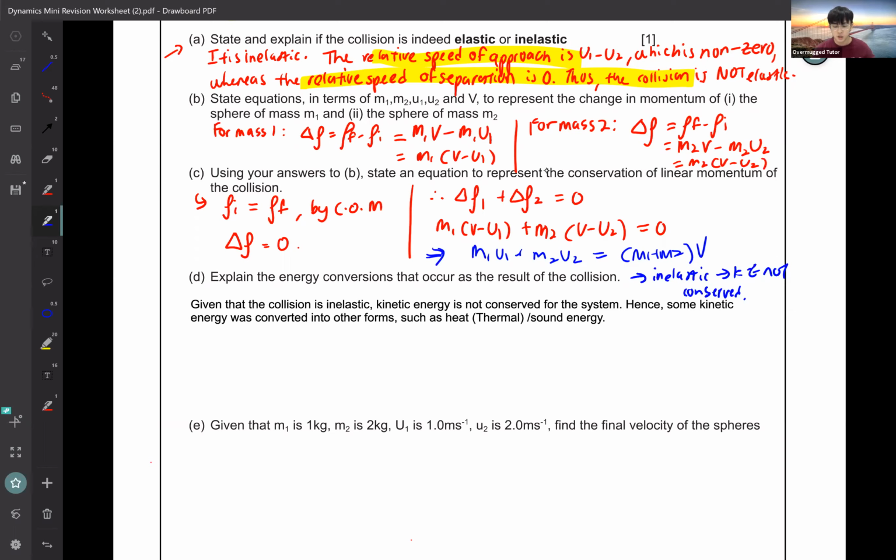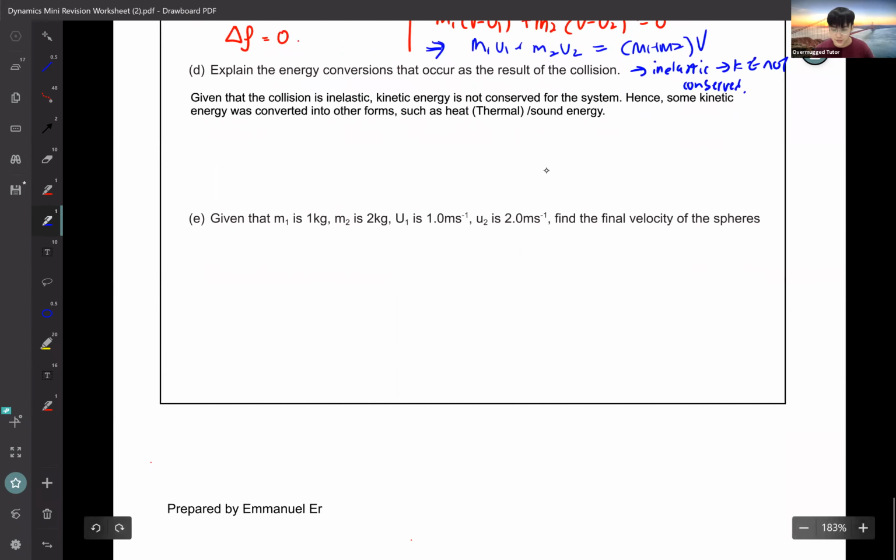No problem. Okay, last one, easiest. Here we are finally finding the final velocities. So I'll just plug in this formula also. M1U1 plus M2U2 is (M1 plus M2)V. Then you just put in the numbers. M1 is 1, initial U1 is 1, M2 is 2, initial U2 is 2.